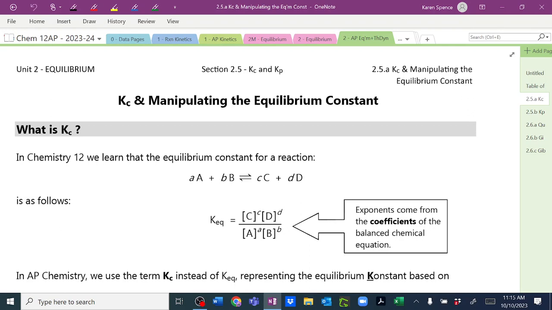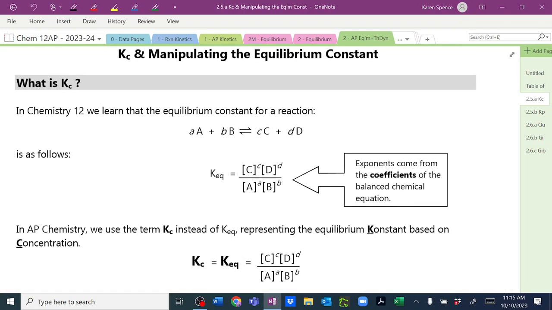Alrighty. 2.5a, page 1. Kc. Kc is just another word for Keq. The C stands for concentration.